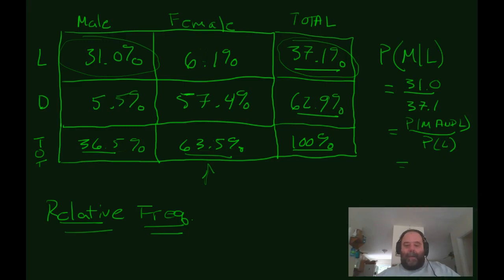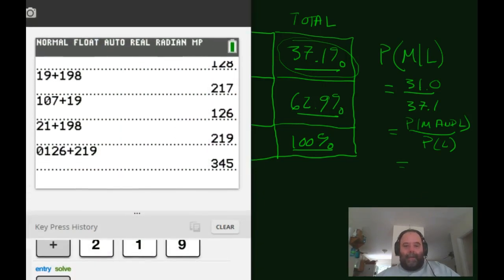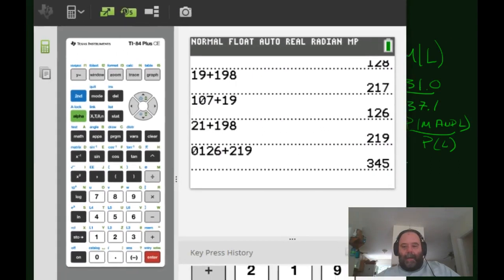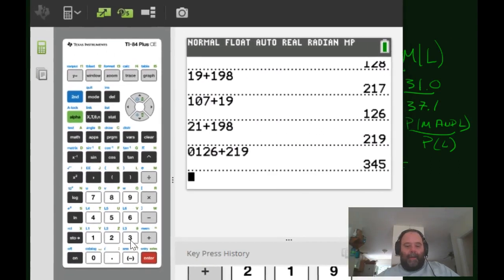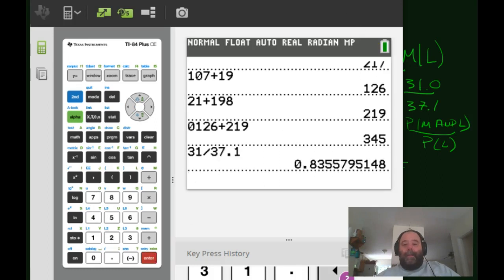So I grab my little calculator here. And I go, alright, so what's 31 divided by 37.1? Right, that's telling me that the probability is about 83.5%.